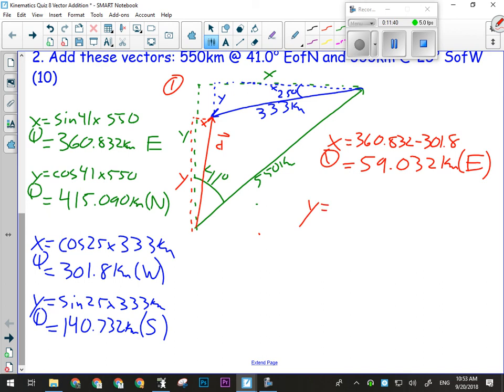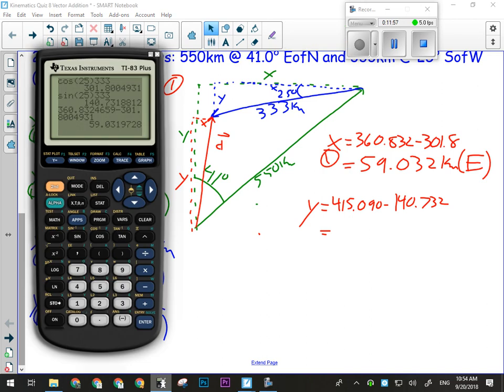Okay, and red y is going to be 415.090 minus 140.732. All right, I lost that one.